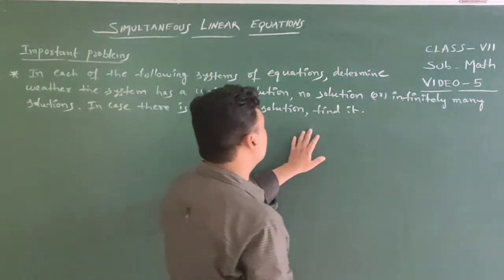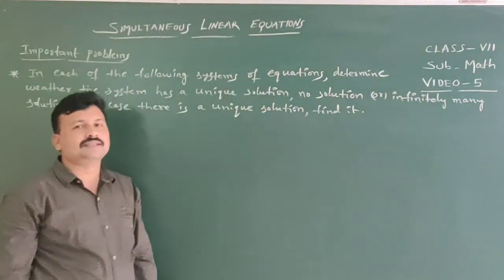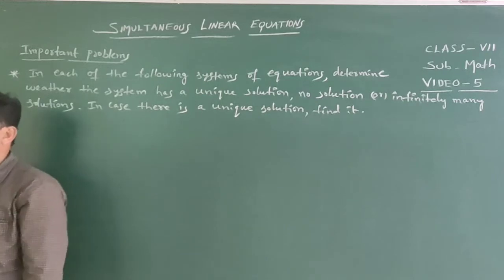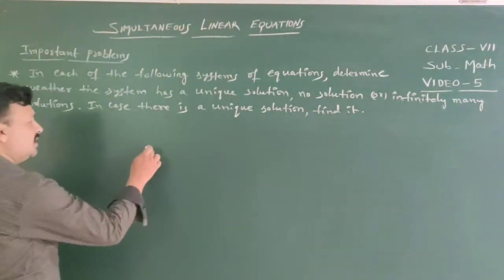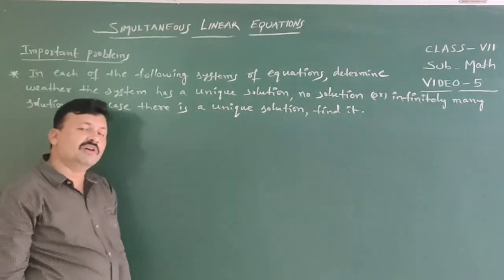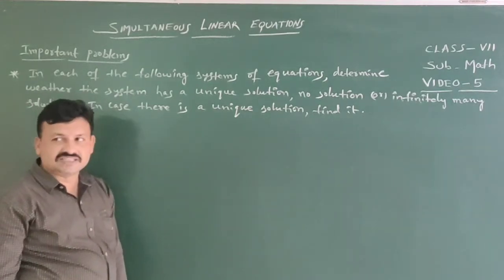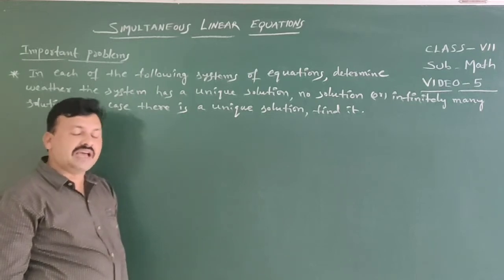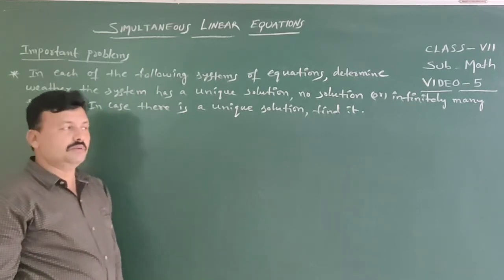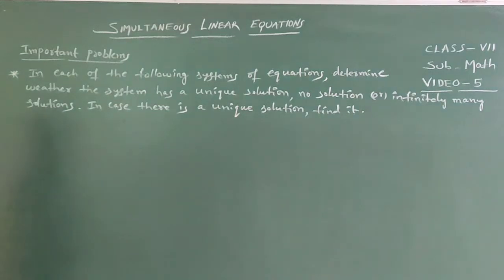And the third one, they have many solutions. When can we say they are dependent equations? Meaning a1 by a2 equal to b1 by b2 equal to c1 by c2. In that situation, the system has infinitely many solutions.